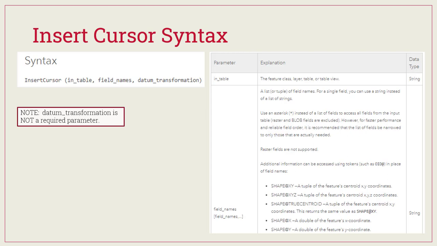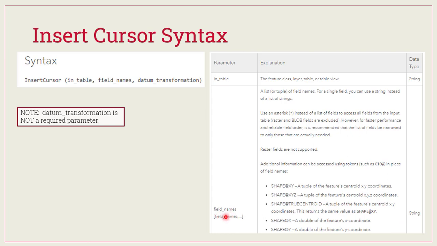All right, so now that we've talked about that, let's talk a little bit about the things that are required. An in table, which should seem very familiar to you by now with all of our cursors, is the data you wish to access. Typically, if you're doing this in ArcPy, this is going to be a shapefile or a geodatabase feature class. The other piece of information that's required is a tuple of field names from your data set.